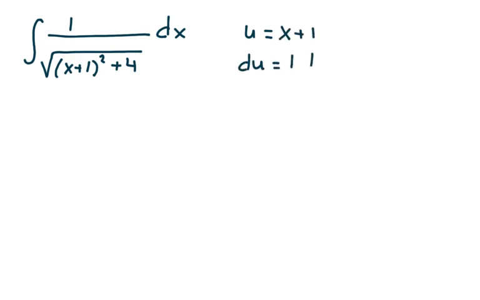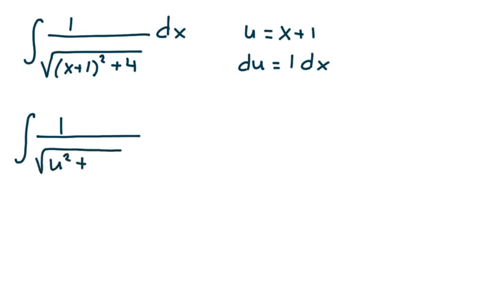du is 1 dx. And so what we end up getting is the integral of 1 over the square root of u squared plus, now remember 4 is 2 squared, du. Draw a triangle.